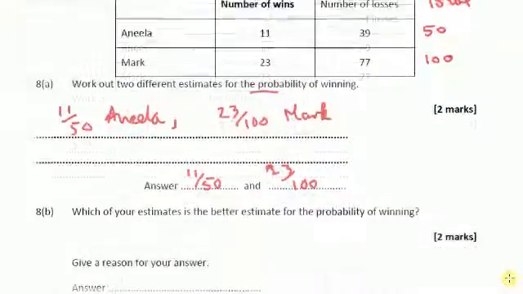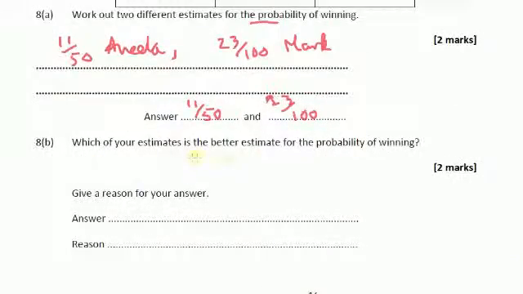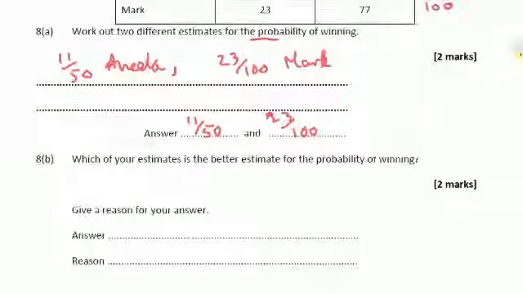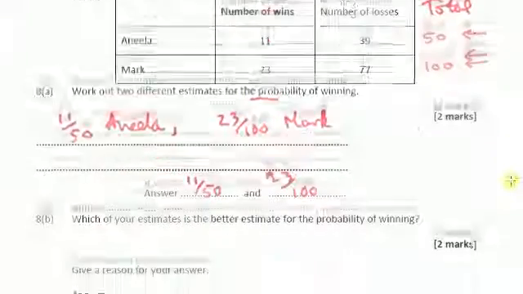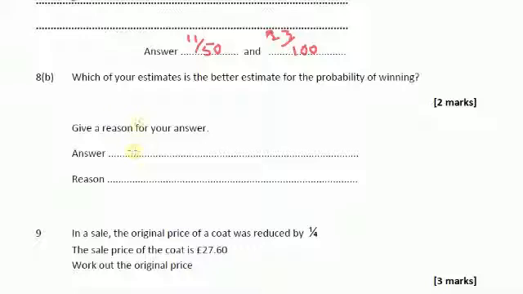And the question asks, which of your estimates is the better one for the probability of winning? And I would say that since Anila did 50 trials and Mark did 100 trials, that means he did more trials. And if you do more trials, then the likelihood is you'll get a better estimate for the probability.